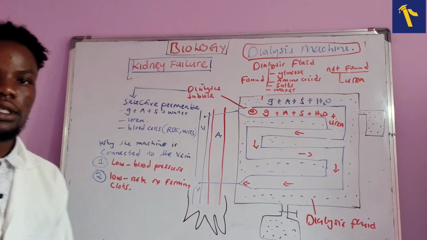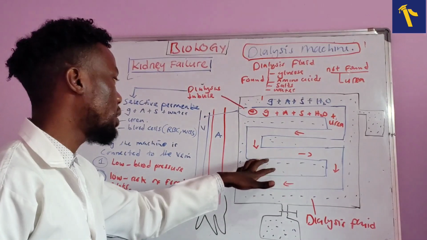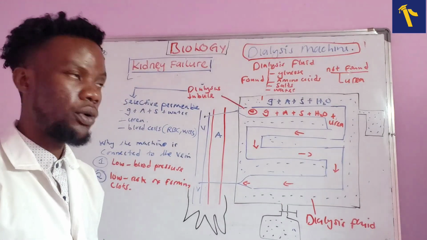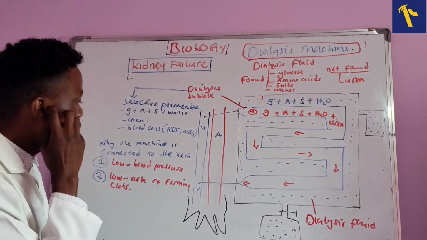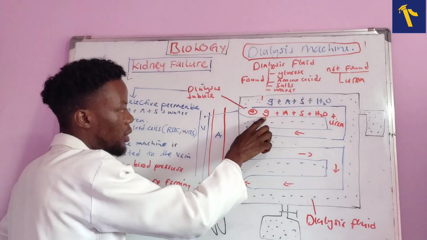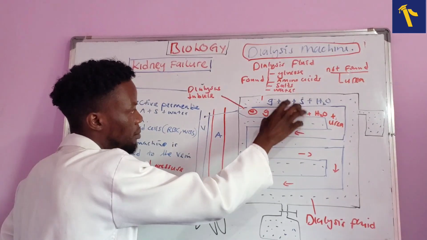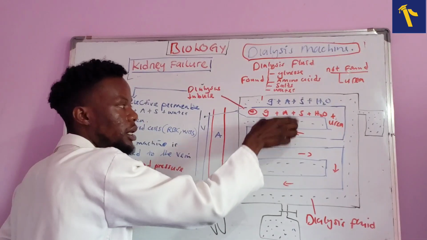Okay, now this is where I'm going to tell you why urea is not found in the dialysis fluid. All right, if you look at glucose, let's start with this one. If you look at glucose, amino acid, salt, and water, they can be found where? In either way.